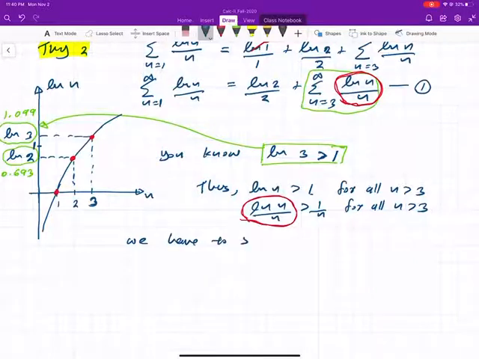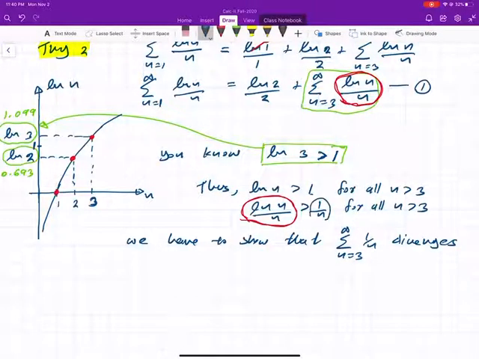We have to show that the sum from n goes from 3 to infinity, because we are starting from 3, diverges. If the smaller series diverges, the bigger series should diverge too.